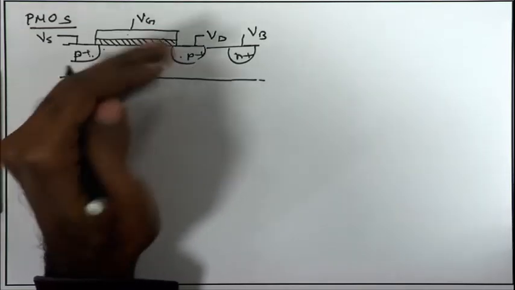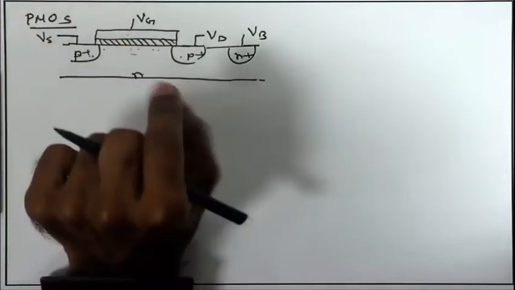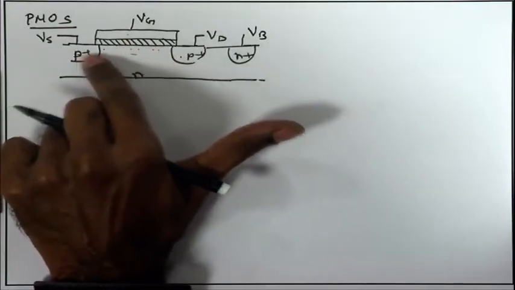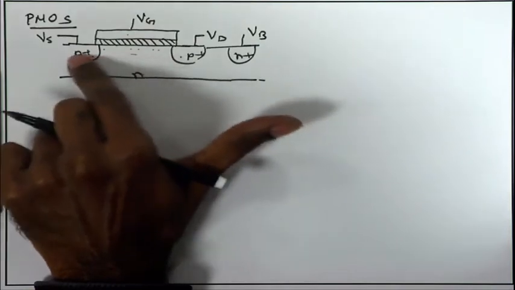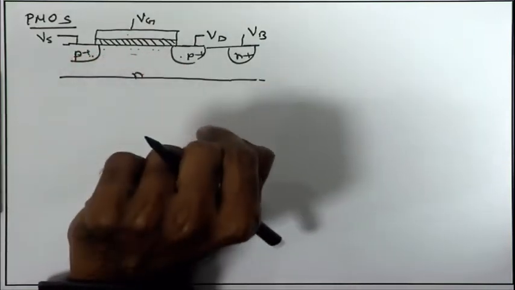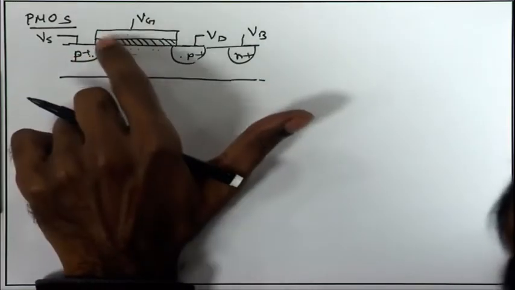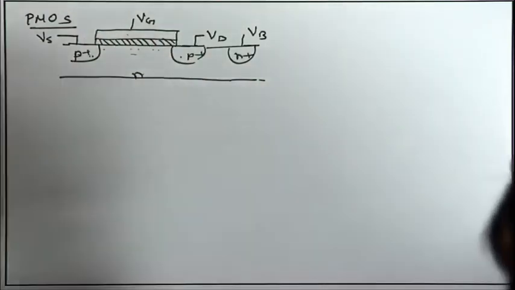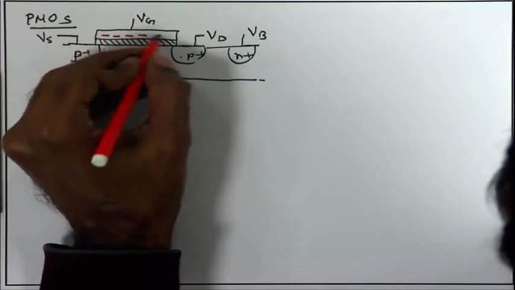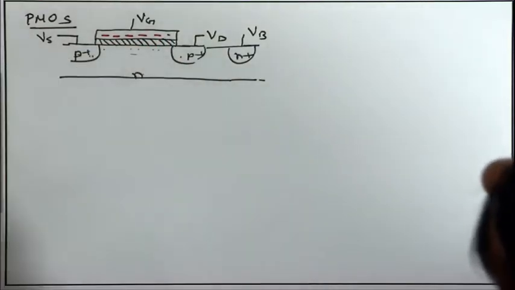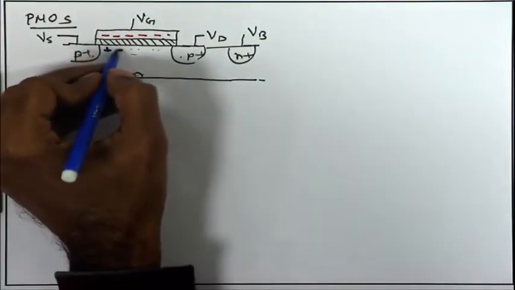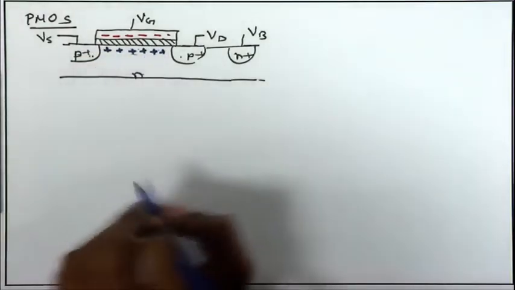In this case the condition is just reverse, we are going to form a P plus channel, we are trying to have a lot of holes which are positive charges accumulated just below the oxide. And to do that, of course, we need to deposit negative charges on the other plate, right. So, here we need a lot of negative charges in order to ensure accumulation of positive charges on the channel side.